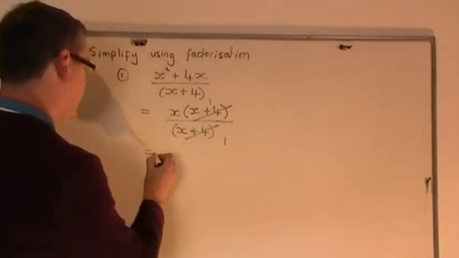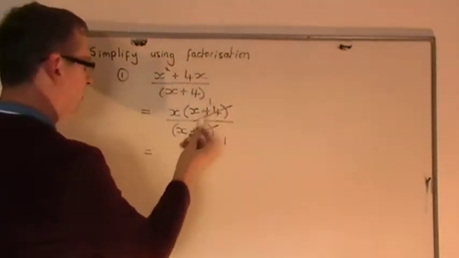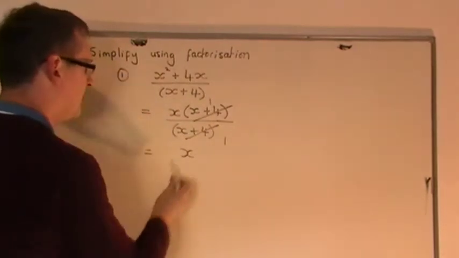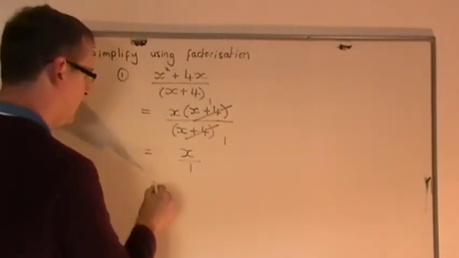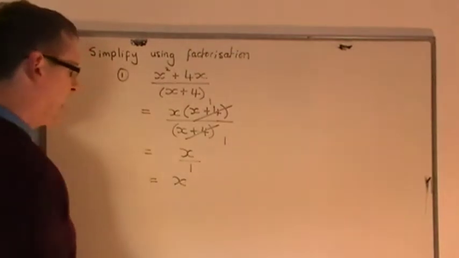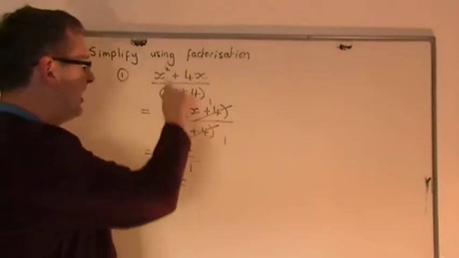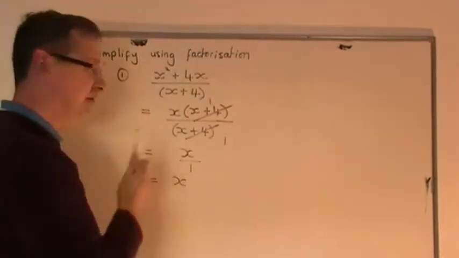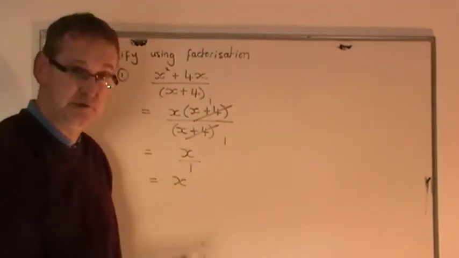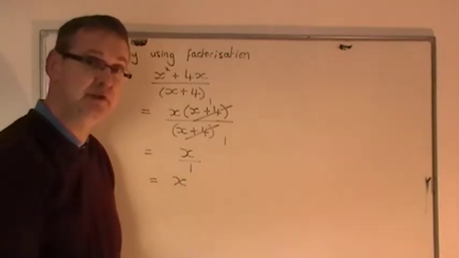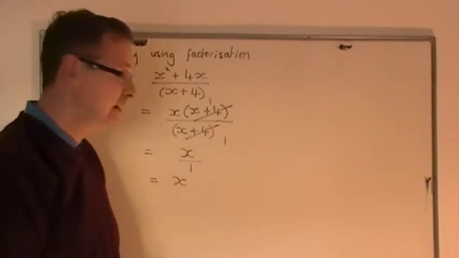So what you're left with is simply x times 1 on the top, which is x, all divided by 1, which of course is just x. And there's the answer. So that nasty looking expression there is actually the same as just x, which of course would be much easier to use if I was using that in a harder problem.